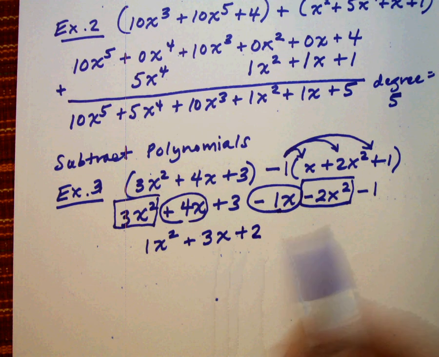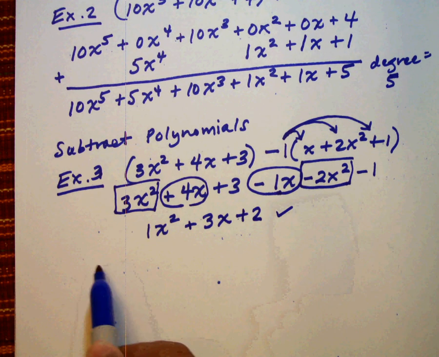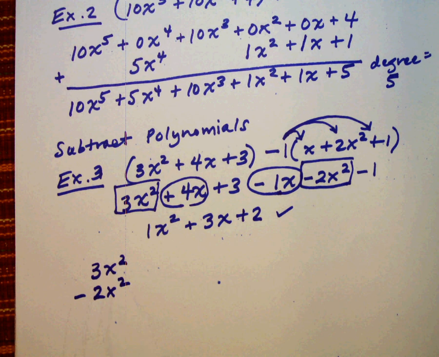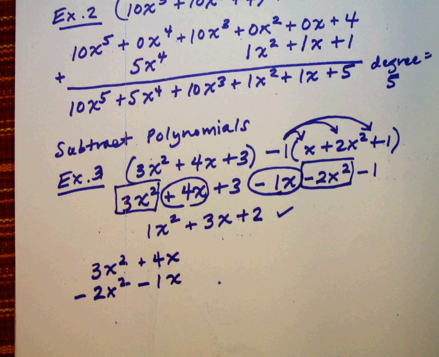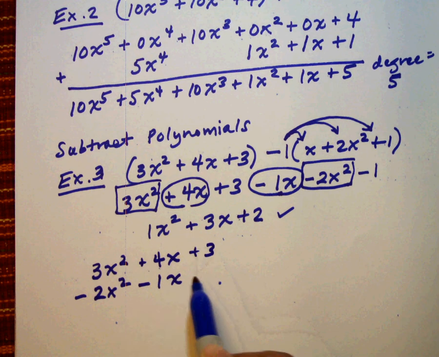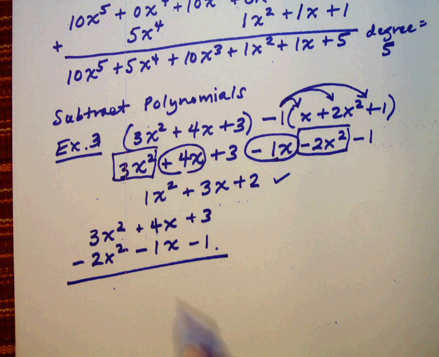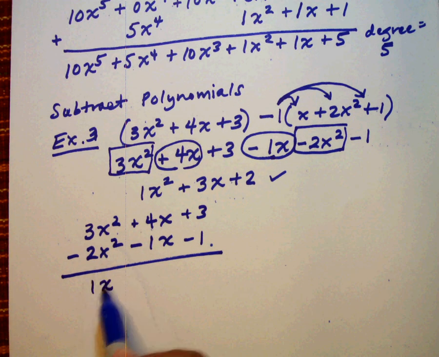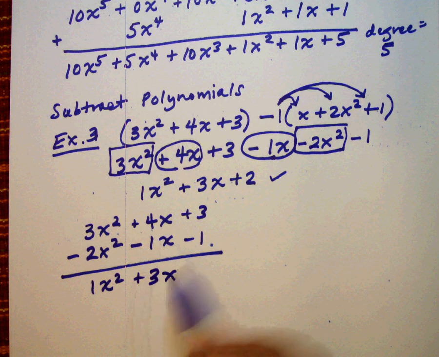Another way you can do this is to stack them up. 3x squared and 2x squared, then 4x and 1x, then 3 and 1, and you can do the same thing. 3x squared minus 2x squared is 1x squared. 4x minus 1x is plus 3x. 3 minus 1 is plus 2.